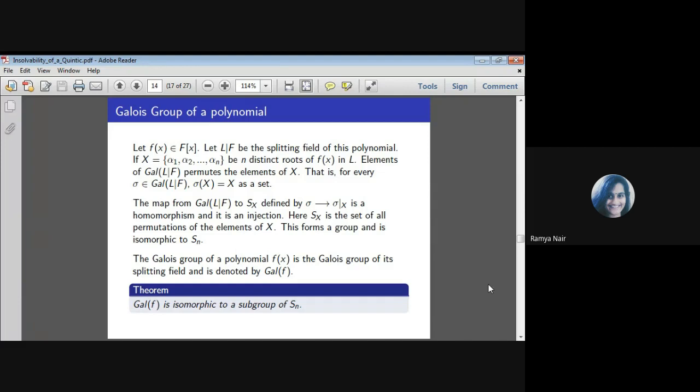You can think of that set with n roots to be the numbers 1 to n. And if your sigma takes the first root to the second root, then this map would be sigma going to the element 1 going to 2 in your permutation group. Is it okay?